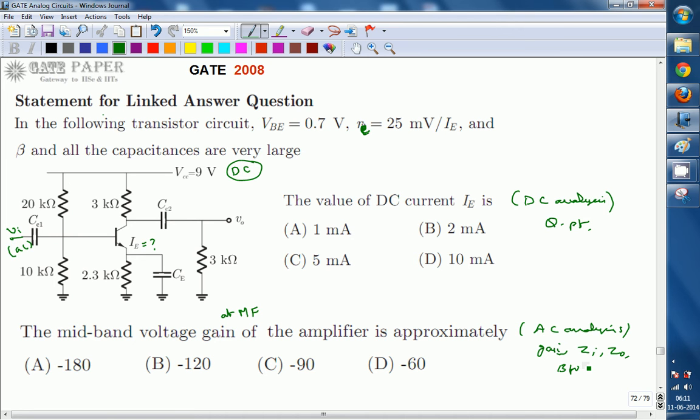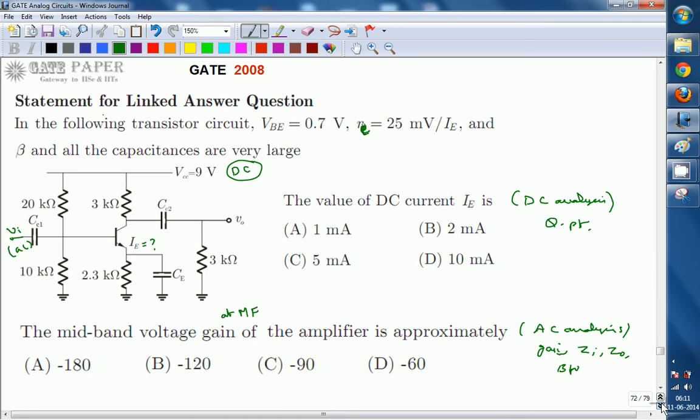But we are not going with all those things. The question is asking only about midband voltage gain, the voltage gain at mid frequencies. So first we will calculate the DC current flowing through the emitter, IE, using DC analysis.